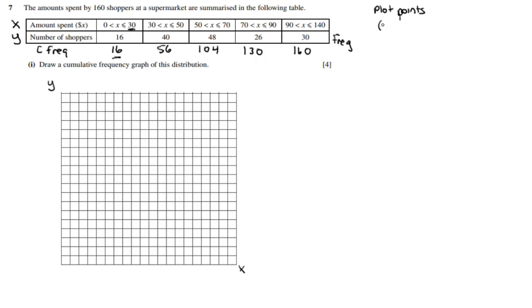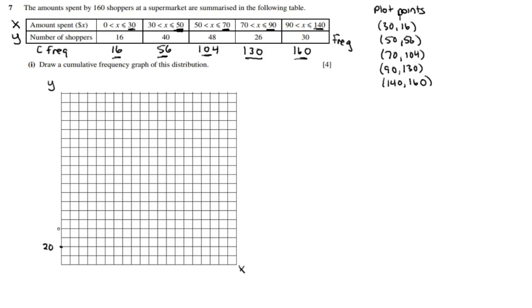So it's going to be 30, 16, and then I'm going to plot 50, 56, and then I'm going to plot 70, 104, and then I'm going to plot 90 and 130, and then the last number I'm going to plot is going to be 140, 30. I'm sorry, not 30, 160. All right, so those are my points, and literally it just becomes plotting.